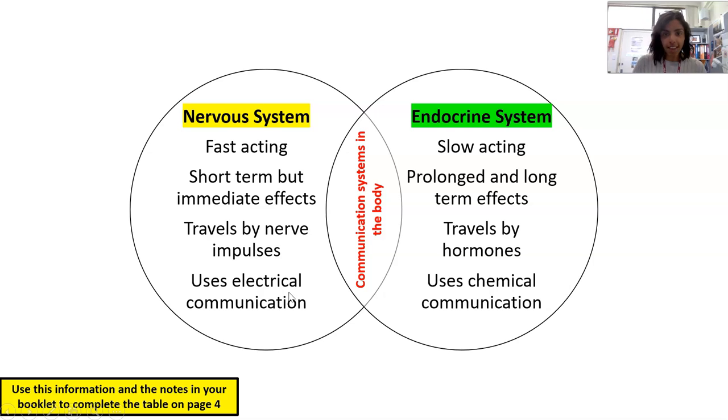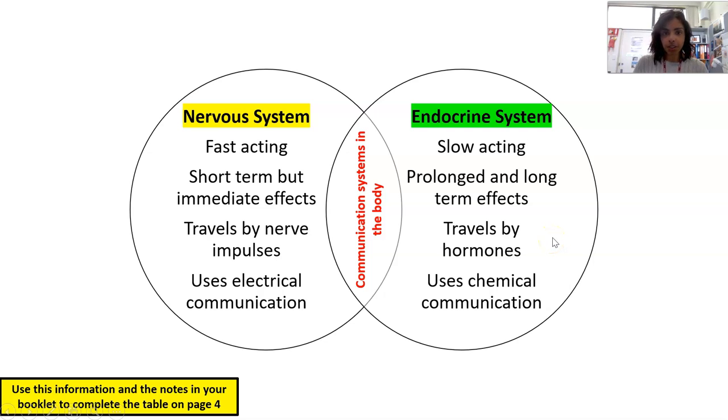If we contrast that with the endocrine system, we can see that the effects of hormones are much longer lasting, they go on for a longer period of time, and they take longer to initiate an effect. That's because we don't use electrical communication. Instead, we're using chemicals, and these hormones travel through our bloodstream, not down these nerve wire-like structures.